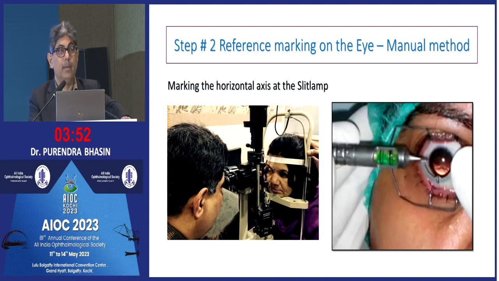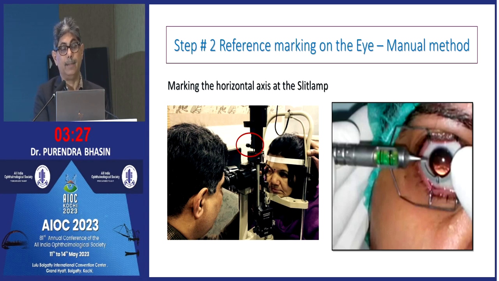When doing manual marking, you can use free hand at the slit lamp. The patient's head should be vertical, which is very, very important, the forehead should touch the band of the slit lamp, the patient should look straight, and the eyes should be wide open.